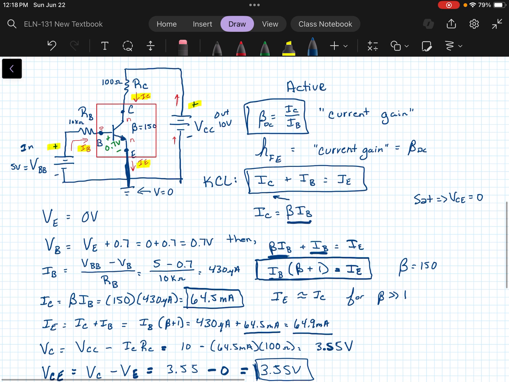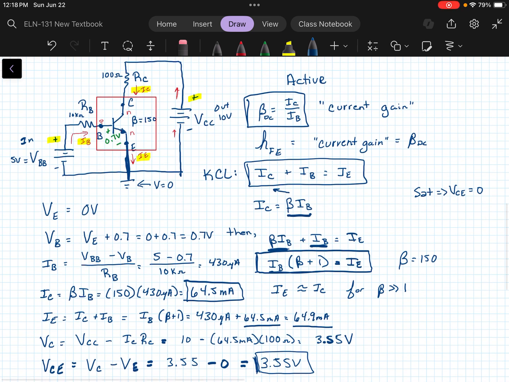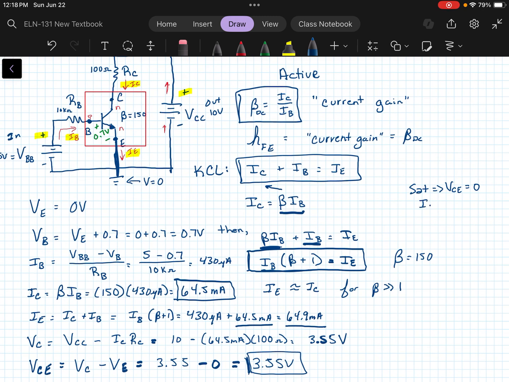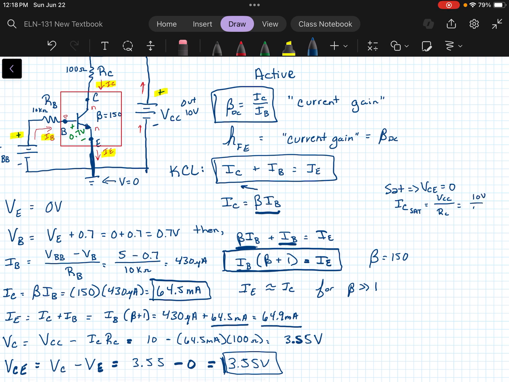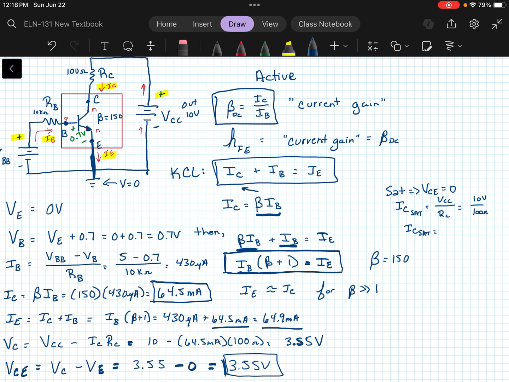Now, what would the saturation current be? Remember, if VCE was 0, that means at VC we would have 0 volts. So the saturation current, which we would call IC sat, would be VCC for this circuit divided by RC, which is 10 volts divided by 100 ohms, so the saturation current would be 100 milliamps.